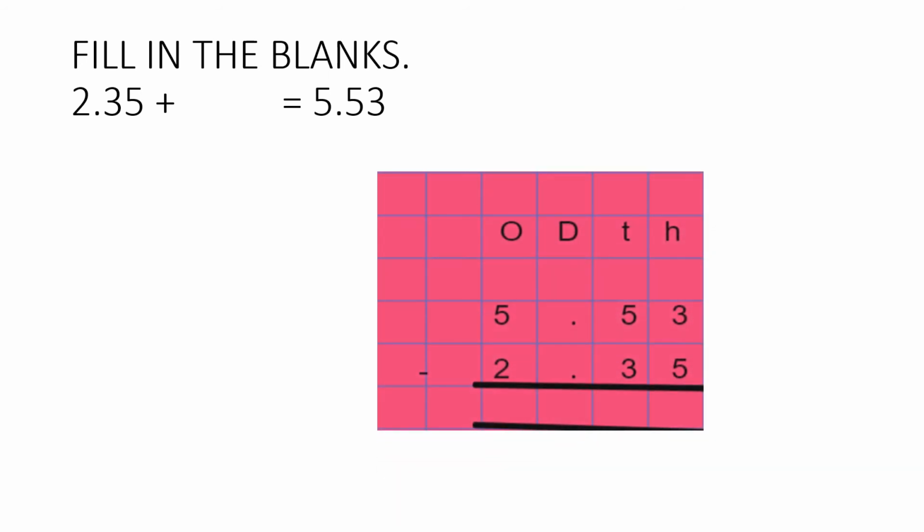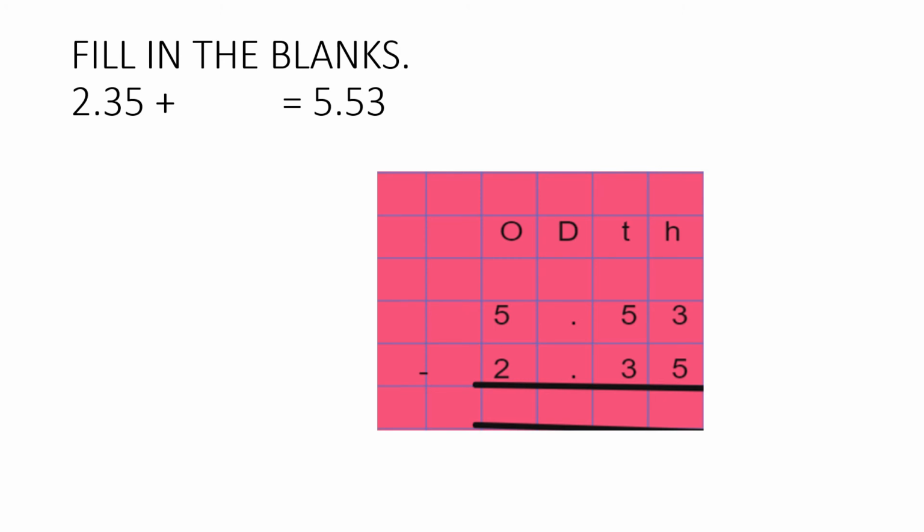Students, in such questions we can subtract because after addition the sum is bigger and the first number is smaller. It means we will subtract. So we will subtract 5.53 minus 2.35.